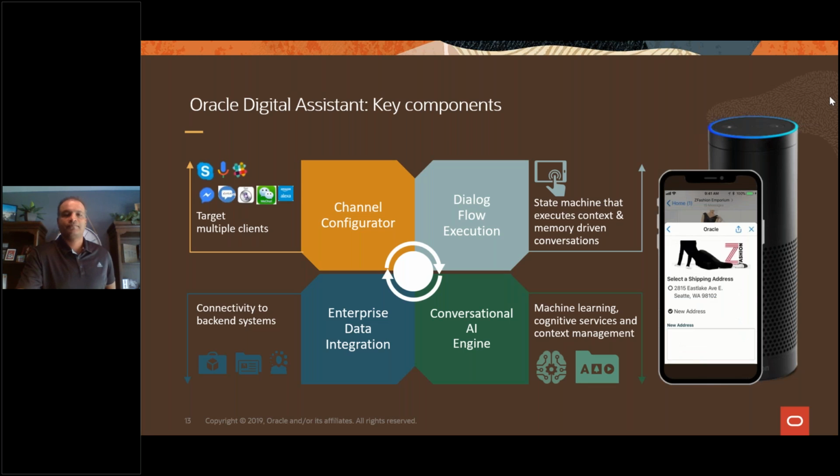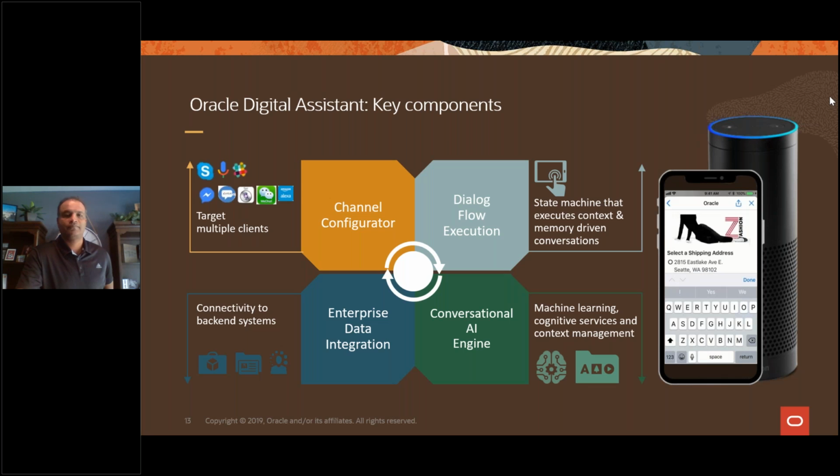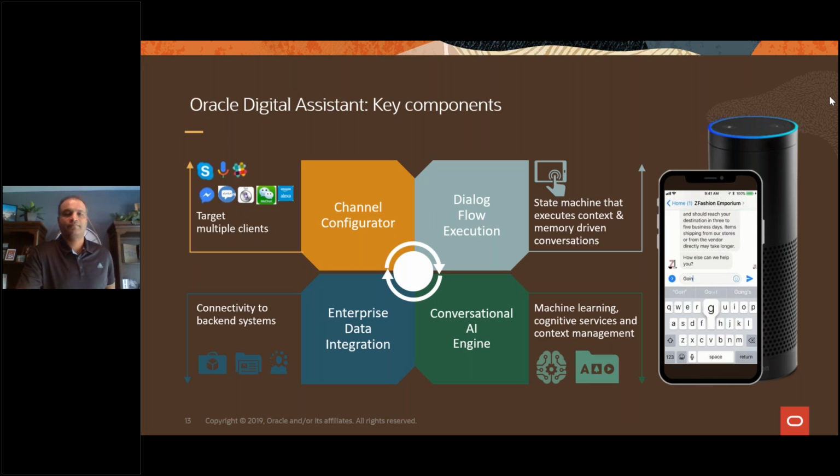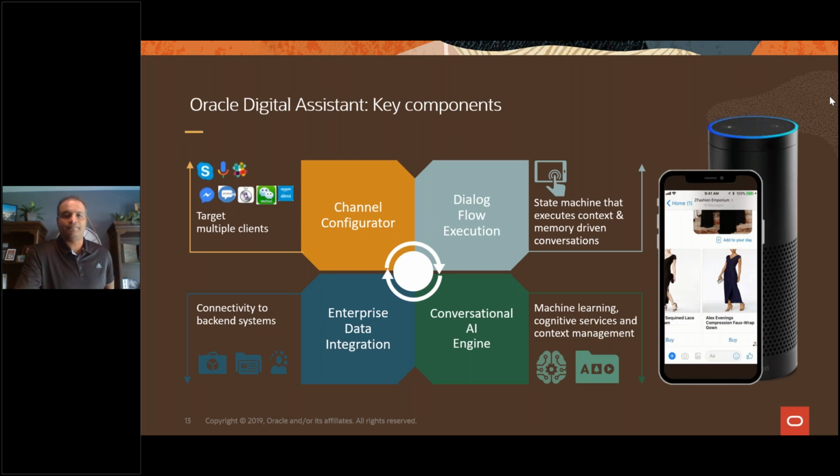You just provide some examples of how a user may ask the question. Then the conversational AI engine, based on that training data, makes the best guess at what the user is actually saying. And of course, with PeopleSoft out-of-the-box skills like absence management and so forth, all the training data is pre-delivered into the conversational AI engine.